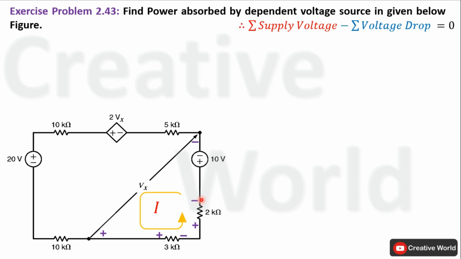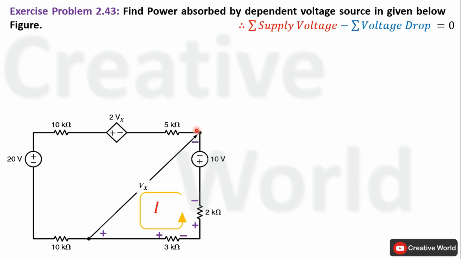The polarity of voltage Vx was not provided in the question, but there is a hint inside the circuit. The voltage Vx is taken with respect to this point from this point, which shows that this point would be at higher potential than this point. But again, this is an assumption. We are taking the polarity of voltage Vx according to the previous element polarity.